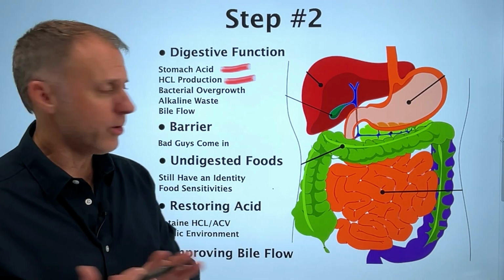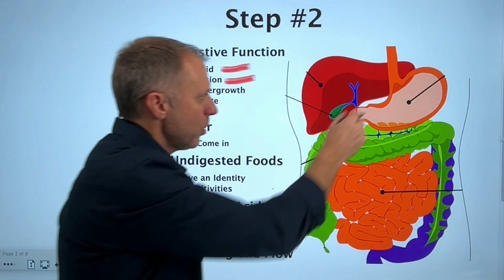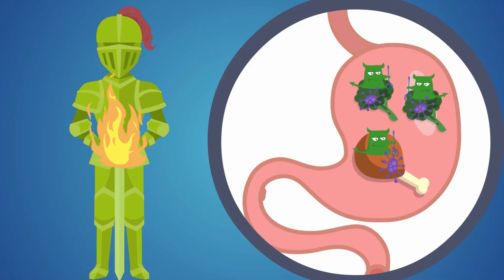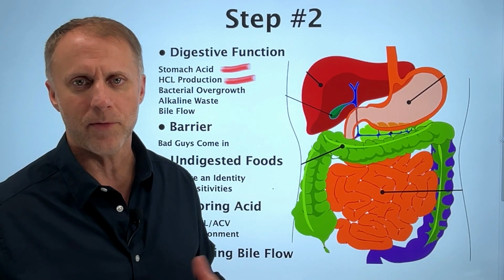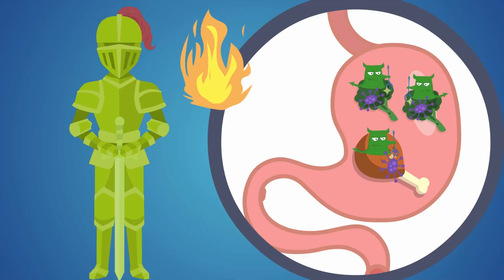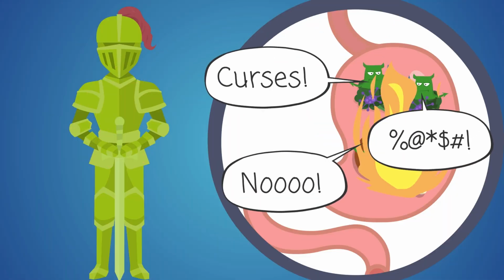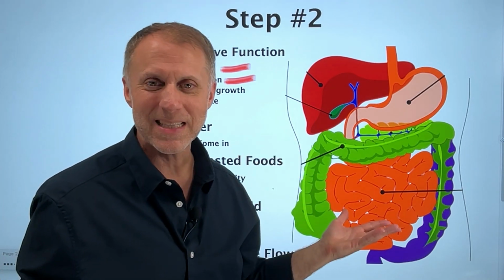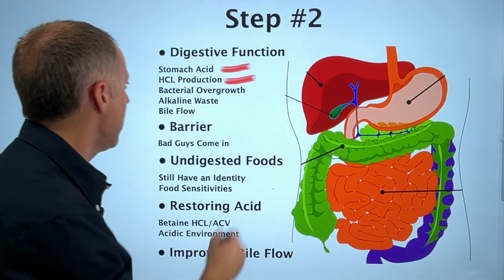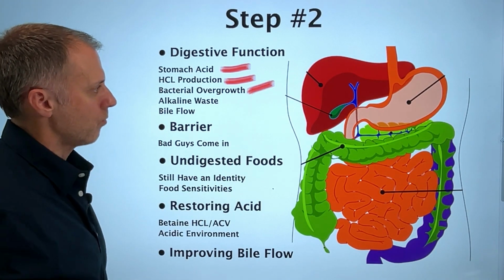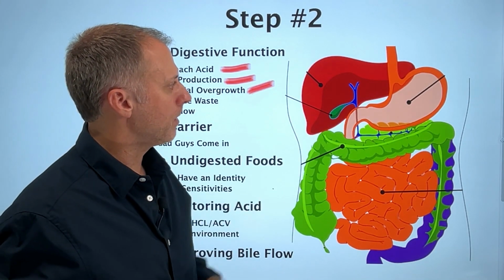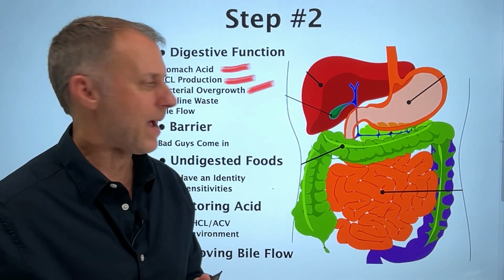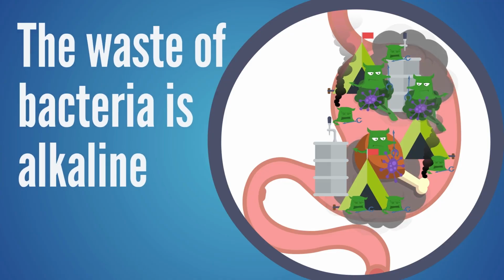And this becomes another problem because if you don't have any acid, then all this bacteria and other varmints that are coming in on the food that we're eating, when they come in, they're supposed to die in an acid bath. But if someone is not making enough stomach acid, they come in like, well, this is nice, let's set up camp here, and we end up with a bacterial overgrowth. And this can become problematic because a lot of these bacteria, like H. pylori and some of these other bacteria, can have waste that is alkaline.